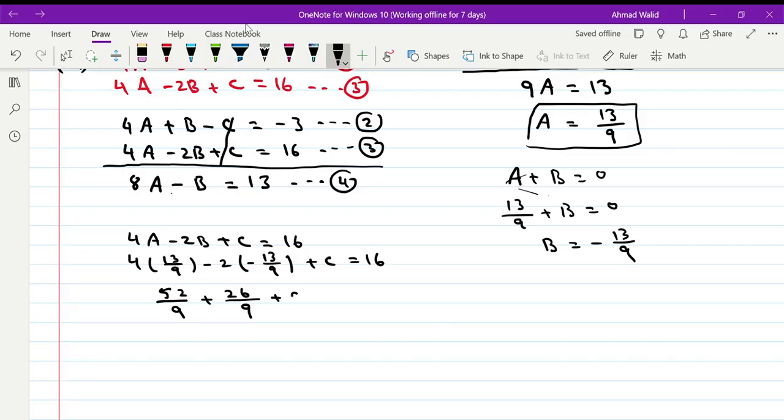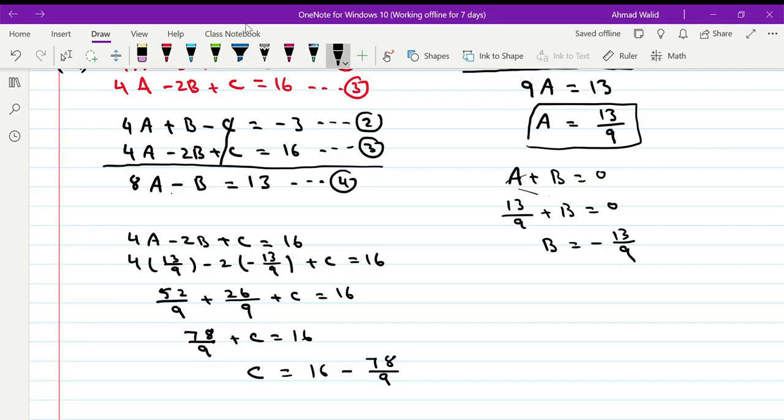Plus C equals 16. Now add these two, which gives you 78 over 9 plus C equals 16. Subtract 78 over 9 from both sides, then C equals 16 minus 78 over 9.